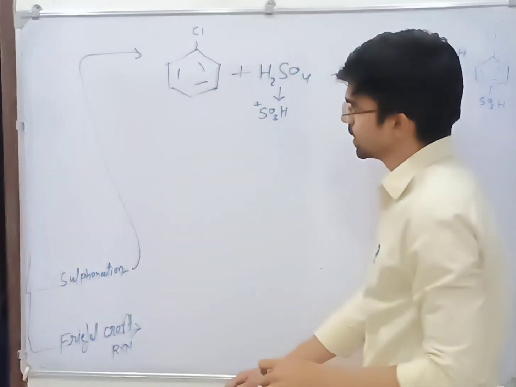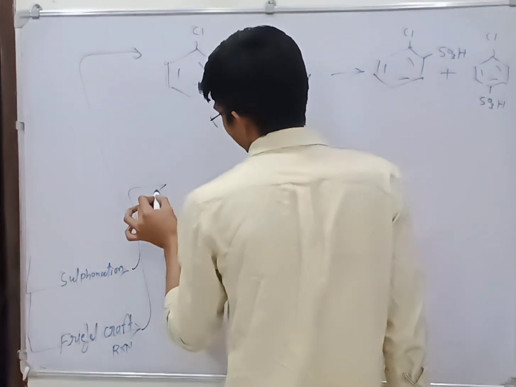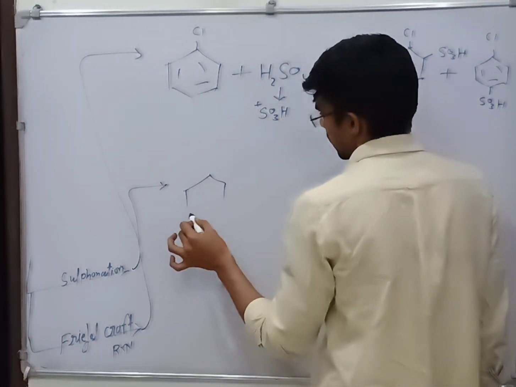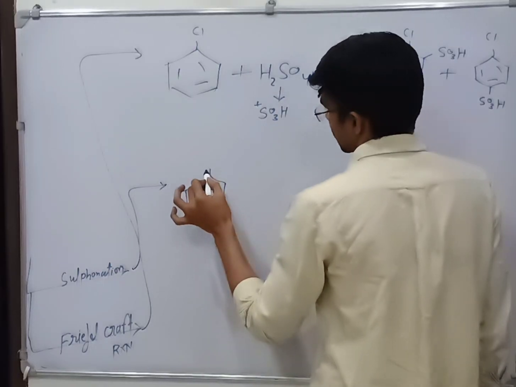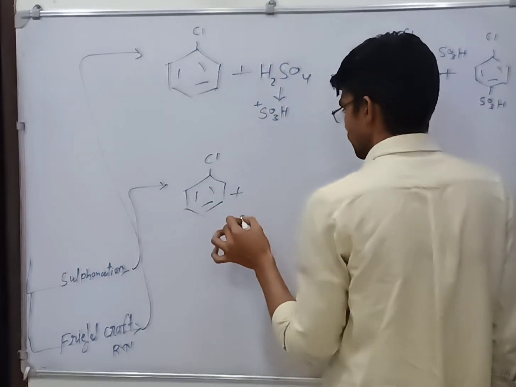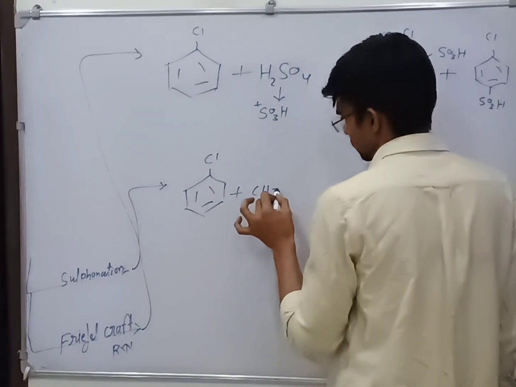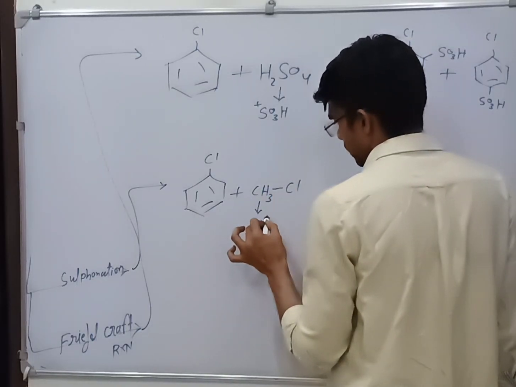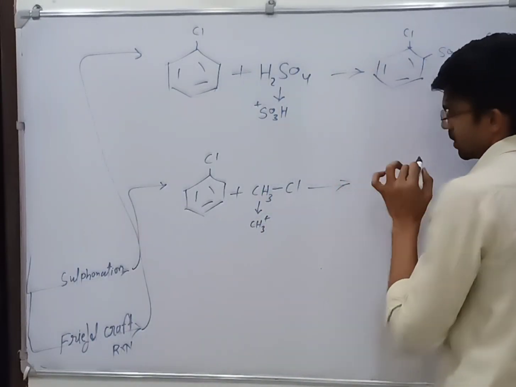Fourth one is Friedel-Crafts reaction. In Friedel-Crafts reaction, two types of reactions are there. When we react the haloarene with alkyl halide, it will give CH3 plus electrophile.